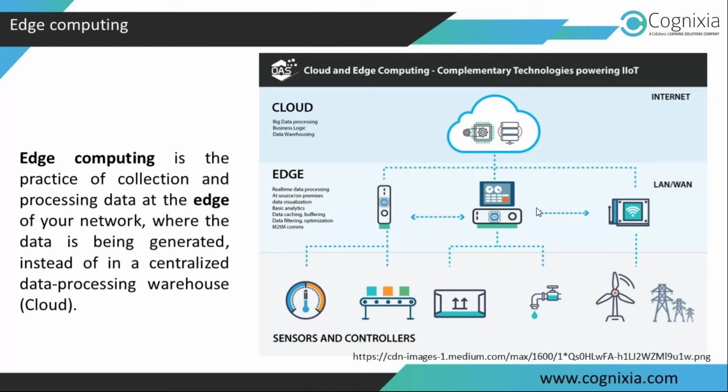The data has to be analyzed at the source itself, or if not at the source, at least close to the source, at a location which is closer to the source compared to the cloud. Because when it comes to communication between devices and cloud, there are always network latencies involved, and those network latencies will not enable your systems to control real-time processes.